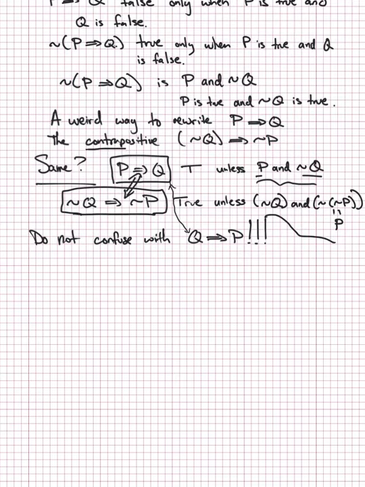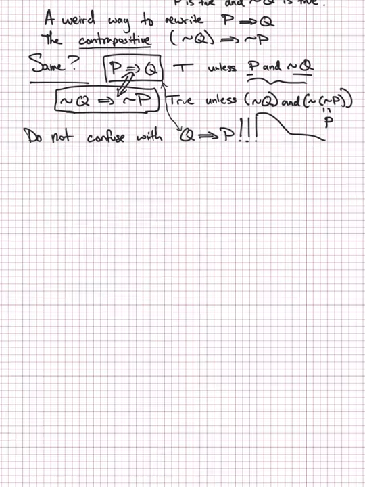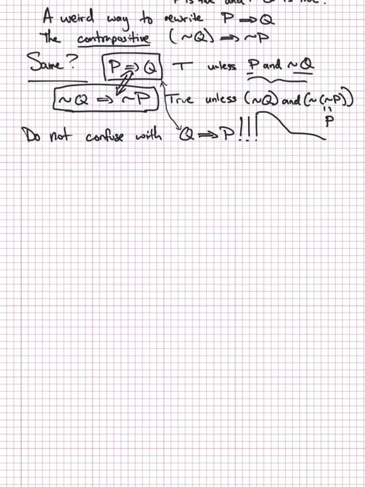Okay, so let me do my favorite example. P implies Q: if I smoke, then I look cool. So what is the contrapositive?